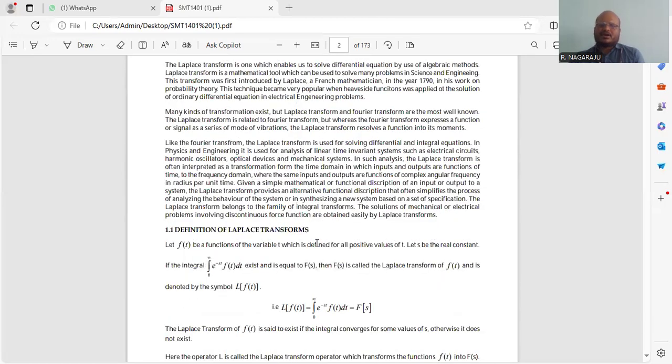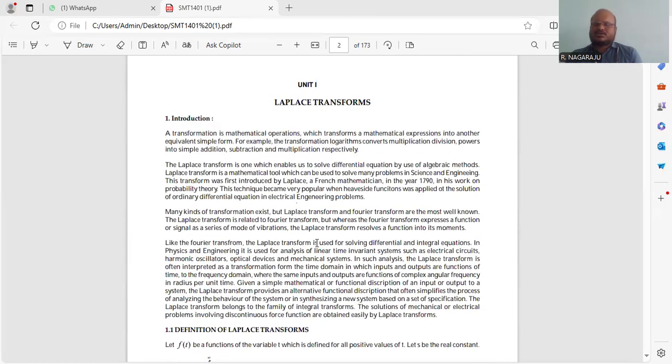So here the main concept is, whatever integration we do, while doing the integration we are facing many problems. Some different functions we can't integrate, higher order ones. So for that, you can use this Laplace transformation.